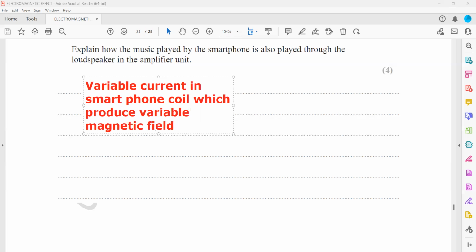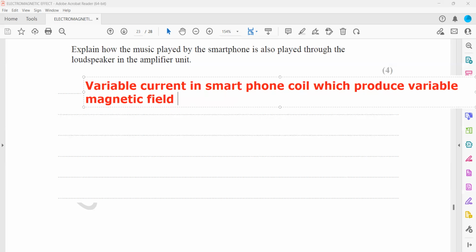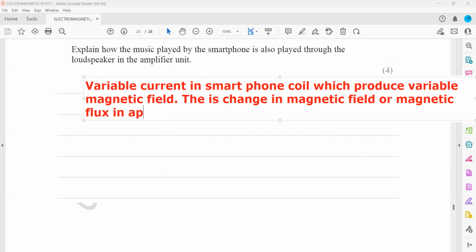And due to that variable magnetic field, there is a change in magnetic field or magnetic flux in the amplifier coil. As a result, what will happen?